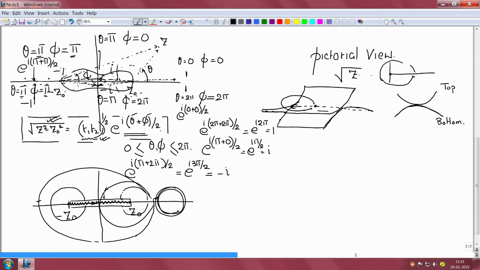But here we have a cut actually, we have an opening. So what we do is we enter the opening, and now we are on the bottom sheet. For example, we go around once, we come back here, and here we enter the bottom sheet. This is the lower sheet, this is the upper sheet.